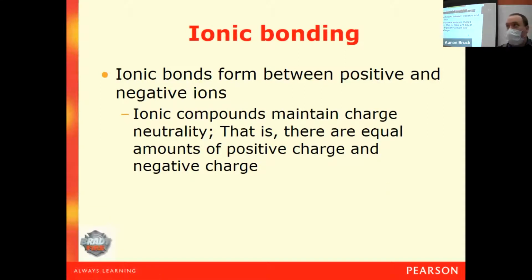Now, one important note about ionic bonding. Ionic compounds maintain something called charge neutrality. And what that means is that whatever positive charges are generated by the metals, they have to be matched by an even amount of negative charge by the nonmetals.